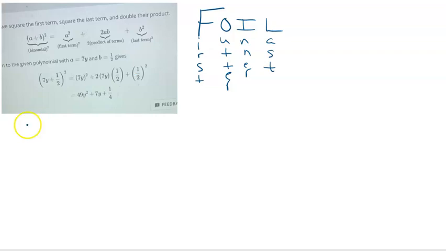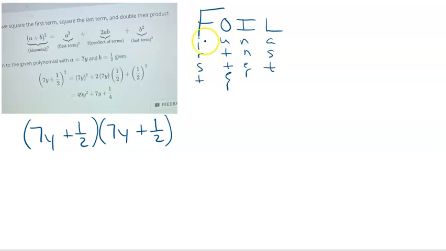So if I rewrite this, 7y plus 1/2, write it twice, 7y plus 1/2, and then we'll just use the FOIL method. So F means first, so I multiply the first in line together, so 7y times 7y is 49y squared, and then you multiply 7y times 1/2.